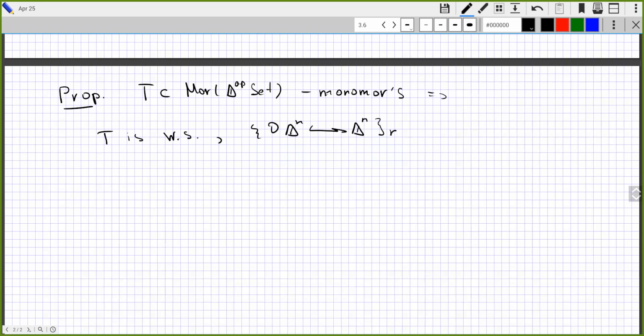And the word generated means that it is the smallest one containing this set.